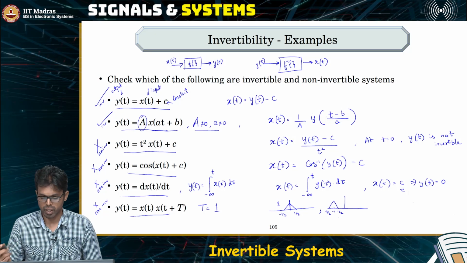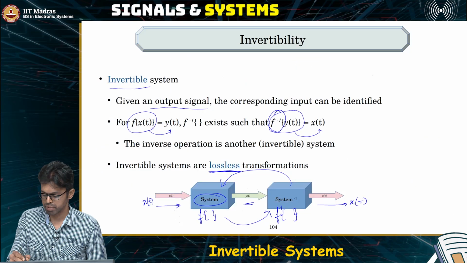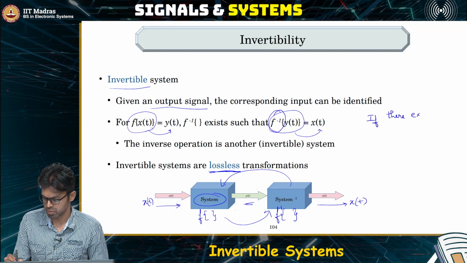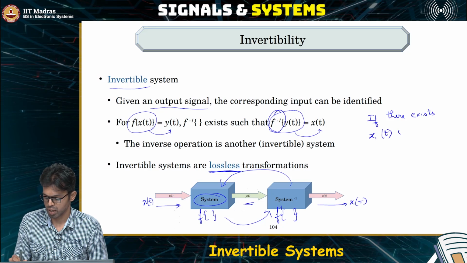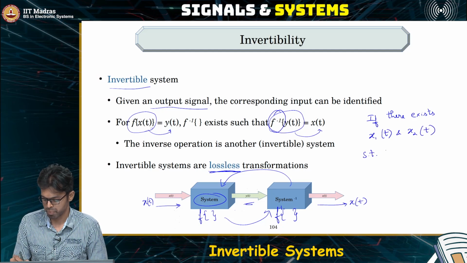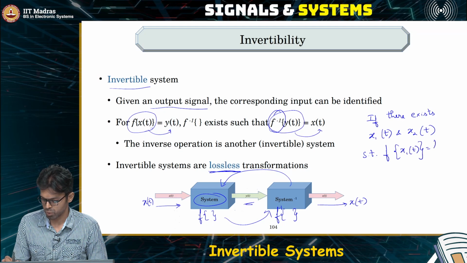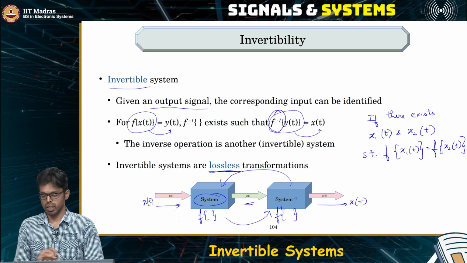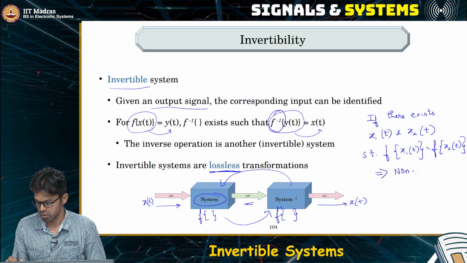So if there exist x1 and x2 such that f of x1 is equal to f of x2, then you can safely prove and say that this system is non-invertible.